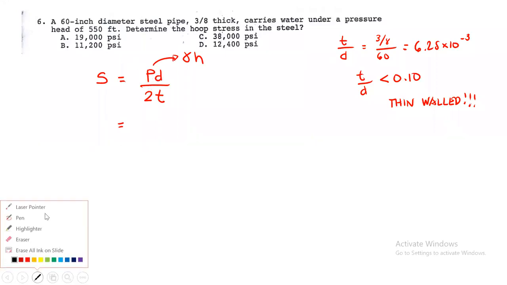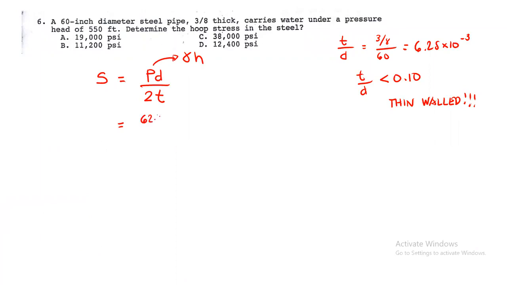So specific weight 62.4 pounds per cubic foot times height natin na 550 feet. So maka-cancel dito. So syempre convert rin natin yan. Magiging feet squared na lang to.